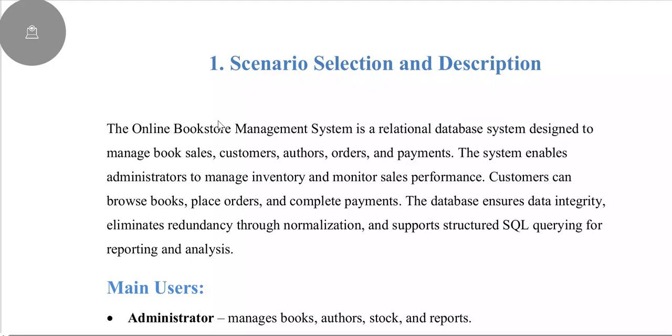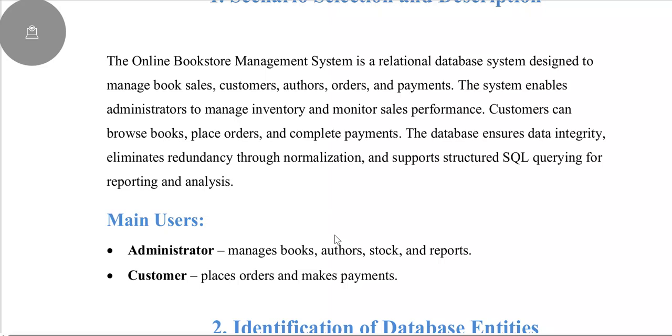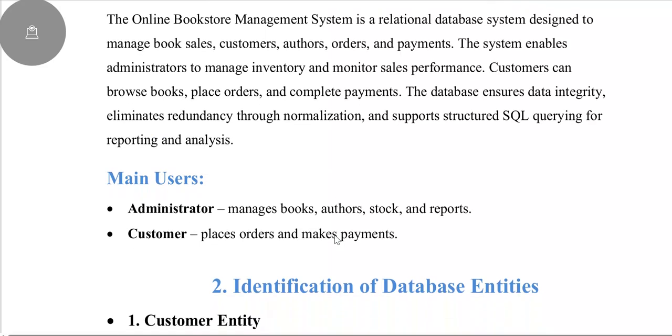The system enables the administrator to manage inventory and monitor sales performance. Customers can browse books, place orders, and complete payment. The database ensures data integrity, eliminates redundancy through normalization, and supports structured SQL queries for reporting and analysis.